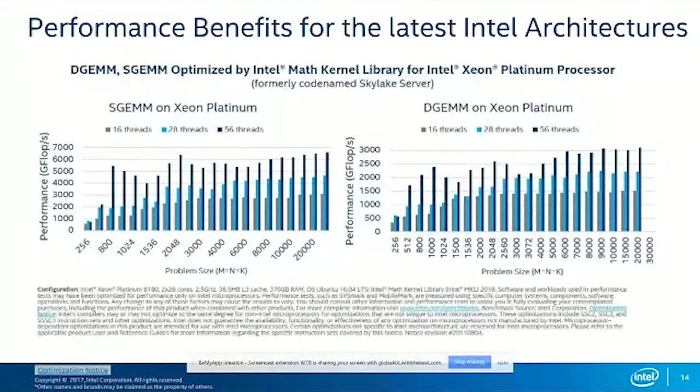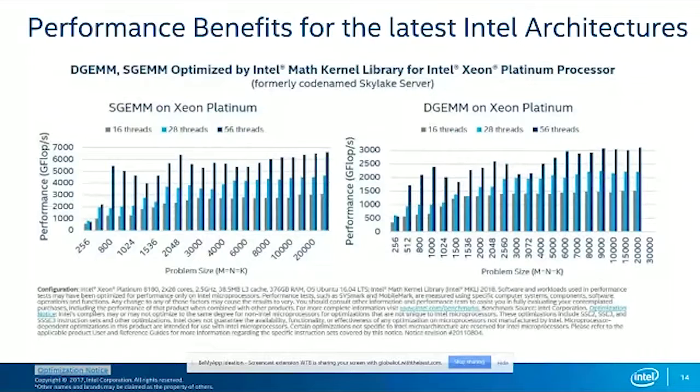MKL also has another function called DGEMM, which has a very similar performance. It is very close to the theoretical system performance on that CPU. So this is a well-optimized library for math computations.